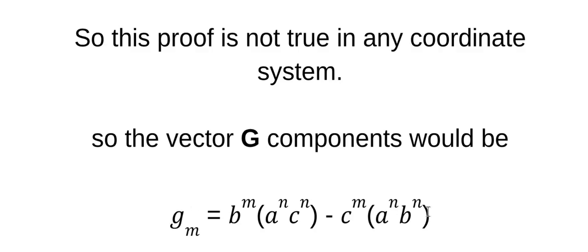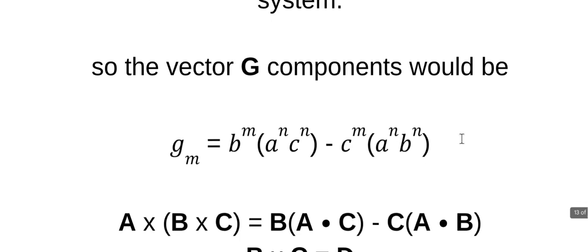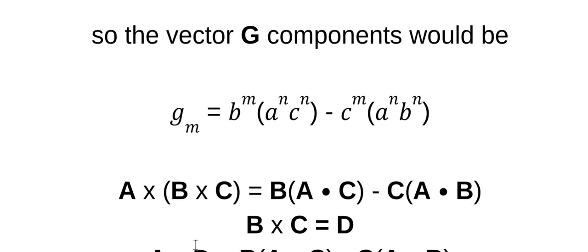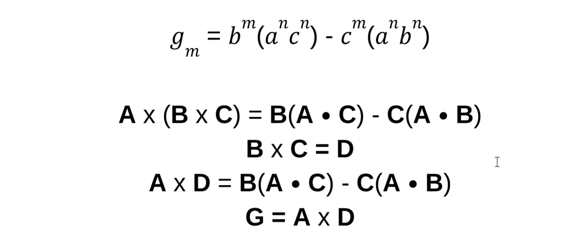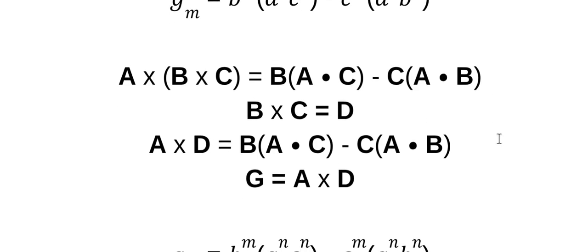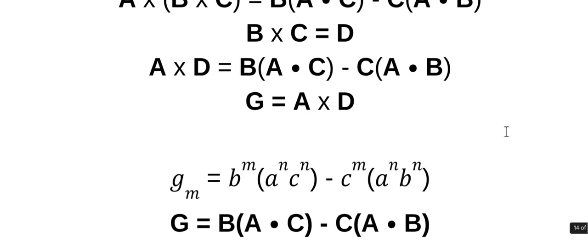So we have this expression. Now remember from the beginning. So we said, here was the expression we had, and we said B cross C is D. We put D in there. And then we said A cross D is G, remember? So we have now this expression.